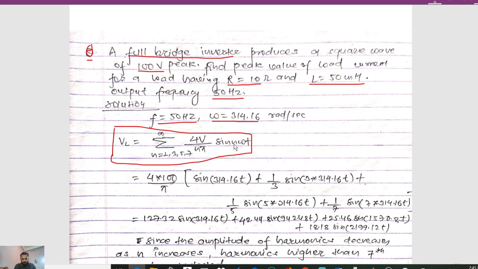For n equals 1, we have sin 314.16 t. Plus for n equals 3, it will be 1 upon 3 sin 3 into 314.16 t, plus for n equals 5, 1 upon 5 sin 5 into 314.16 t, and similarly for n equals 7, sin 7 into 314.16 t.